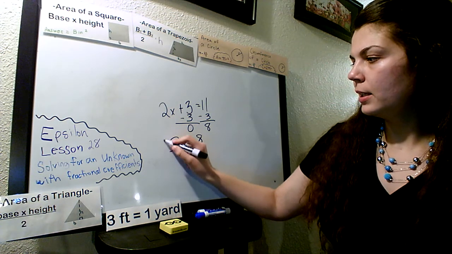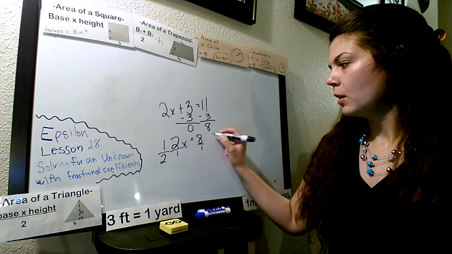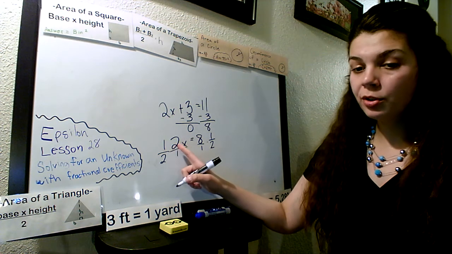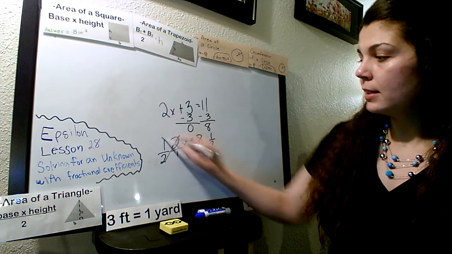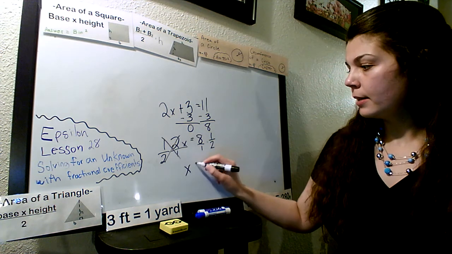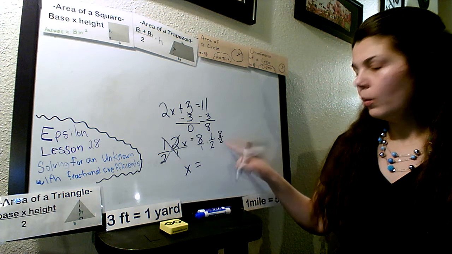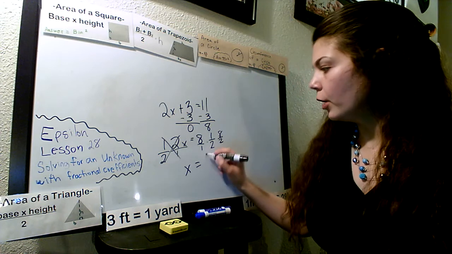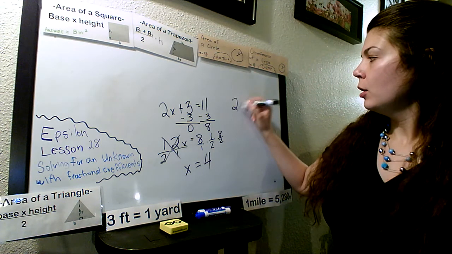So they had it go like this, and we multiplied by the opposite. 1 over 2. What was the opposite of 2? The reciprocal of 2 is 1 over 2. These cancel out. X equals 8 over 2. What's 8 over 2? 2, 4, 6, 8. 4. X equals 4. Then they had us check it.